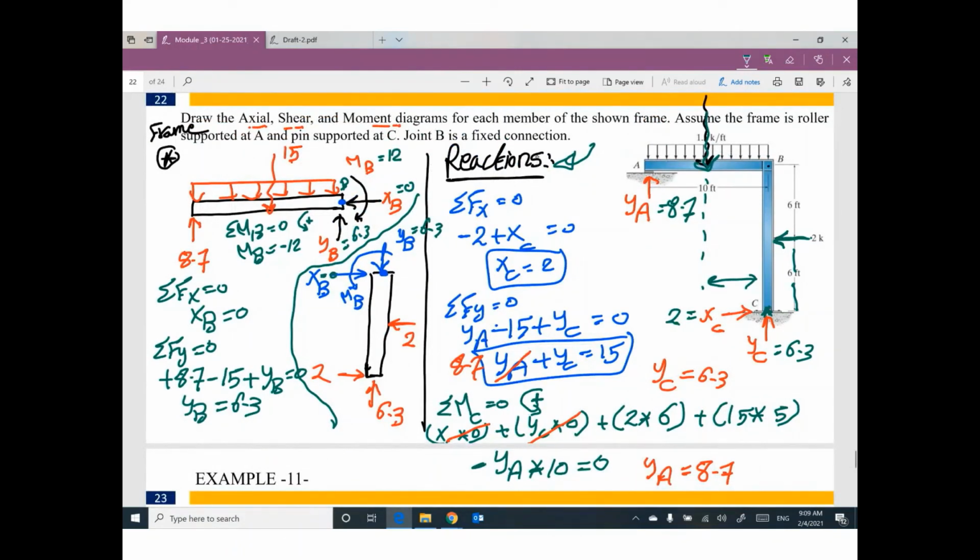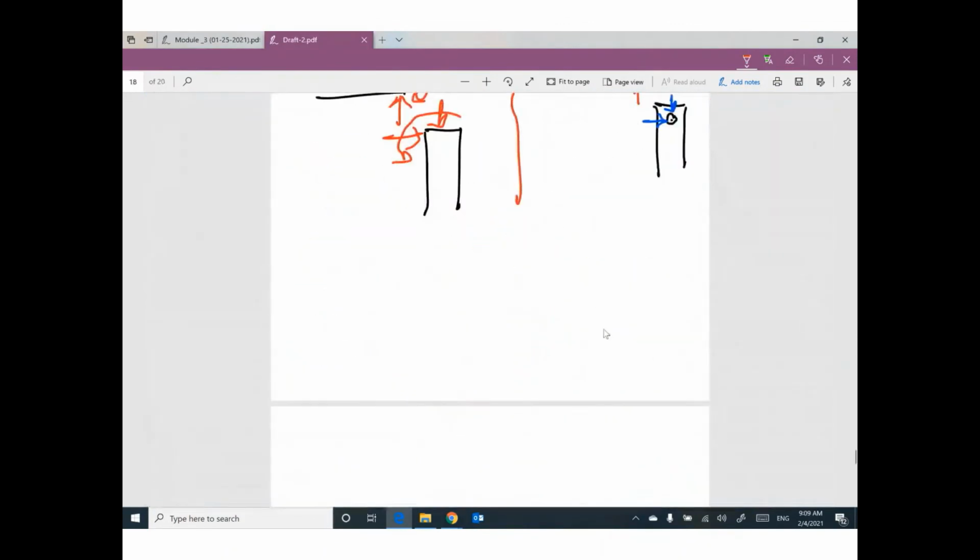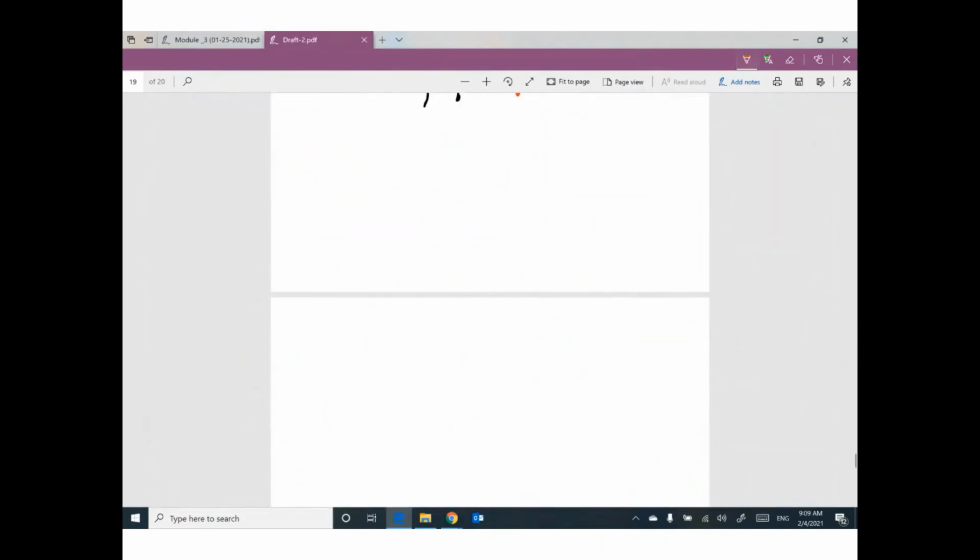And this value will be negative also, 12. So the final conclusion for this frame, we have this part with reaction here and the equivalent load here 15 and the reaction here 6.3, 8.7. This reaction is 0. Does that make sense?